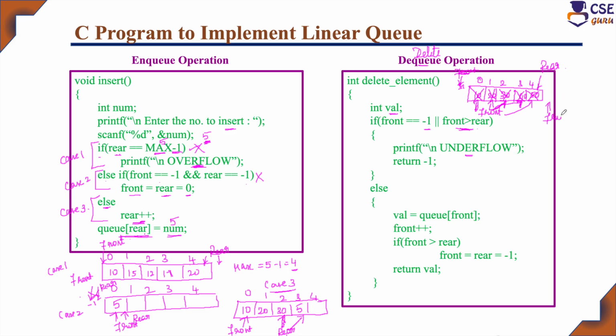Now front will point to here. When you are deleting the last memory location, automatically front will be incremented to the next memory location. So in this case, rear will point to the 4th memory location only, but front will point to the 5th memory location, but that memory location is not actually allocated.